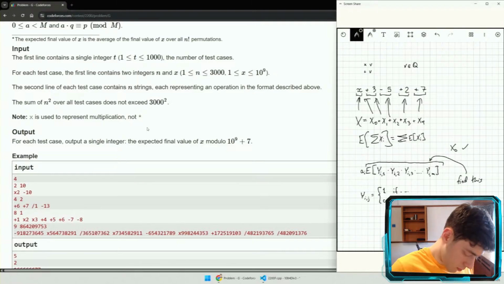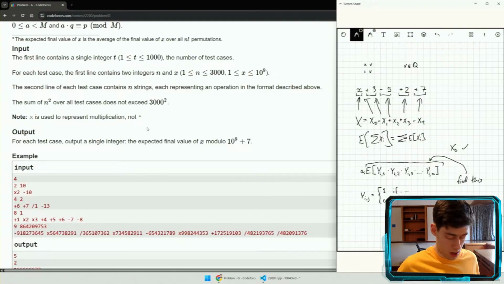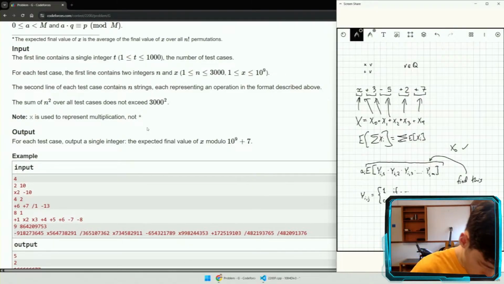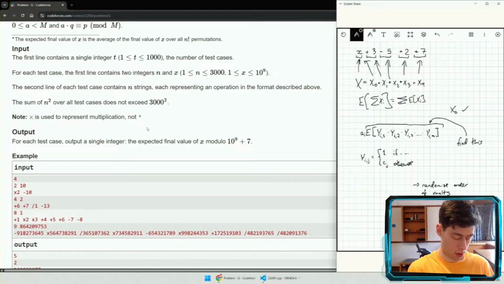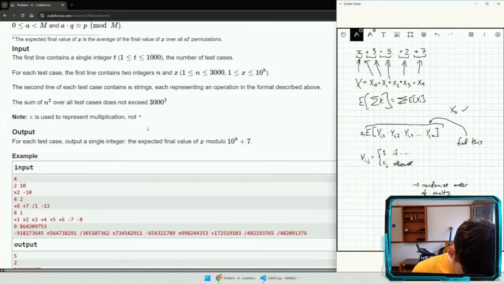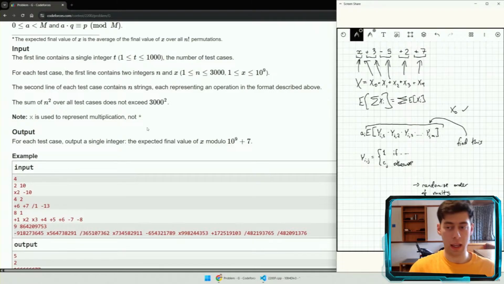Which is basically, if you randomize the order of all the multiplications, and then take a random prefix of them, i.e. like you insert yourself into a random position, including potentially the start, so that's the empty prefix, or the end, which corresponds to the full prefix.